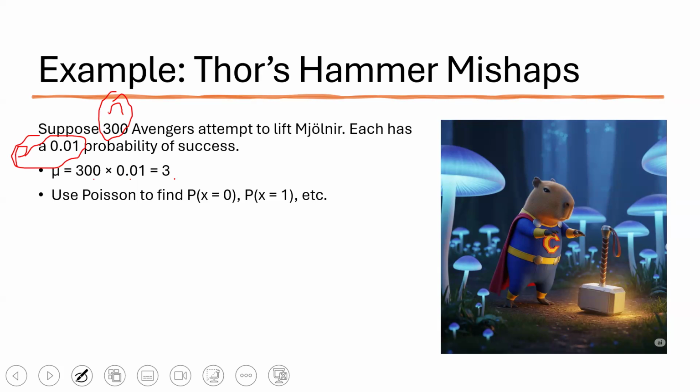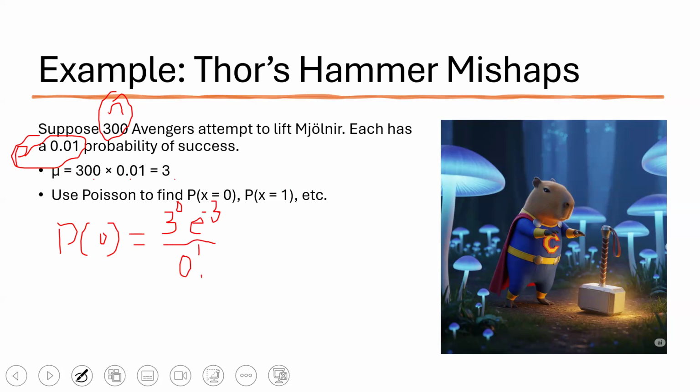If we wanted to find the probability that no one succeeds, the probability of 0 would be 3 to the power 0, e to the negative 3, over 0 factorial.